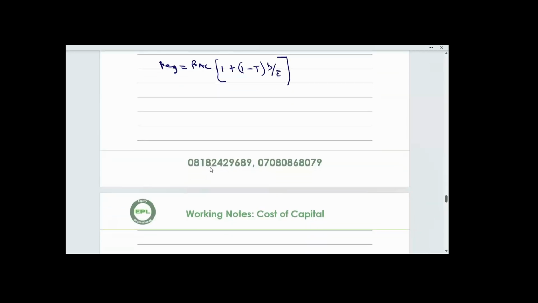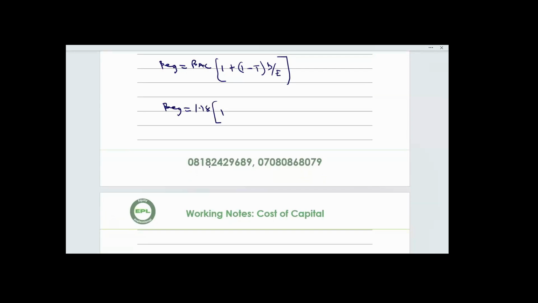Therefore, beta equity of a gear will be calculated as beta asset of the combined multiplied by 1 plus (1 minus tax) times the debt equity proportion of the main company, Colombia. Okay, let me write this. So beta equity of a gear will be equal to 1.18 multiplied by 1 plus, tax rate according to the question is 40%, so we are supposed to account for 60%.